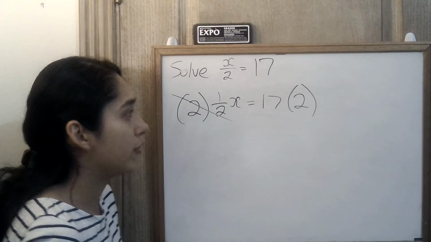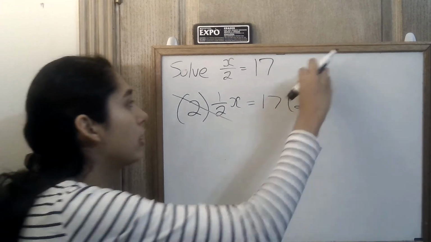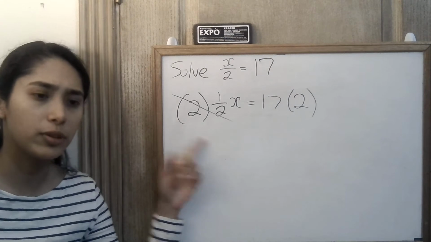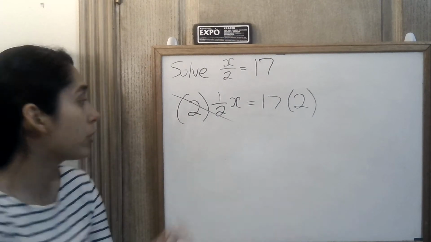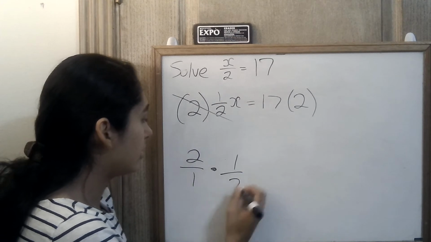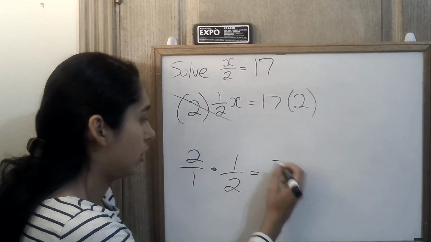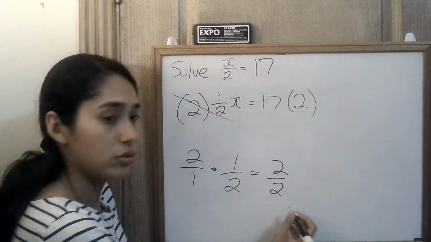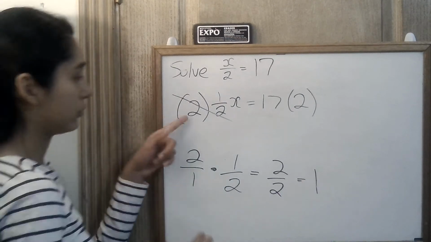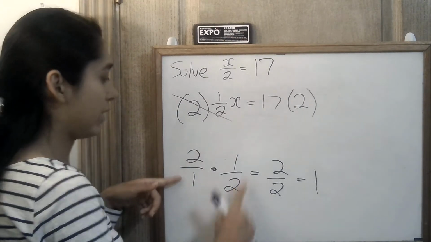And you might ask, well, you multiply the top number by the bottom number. Remember, it's really the same as this, right? 2 over 2 is 1. So this is this, and then the 1/2 is just dropped down.